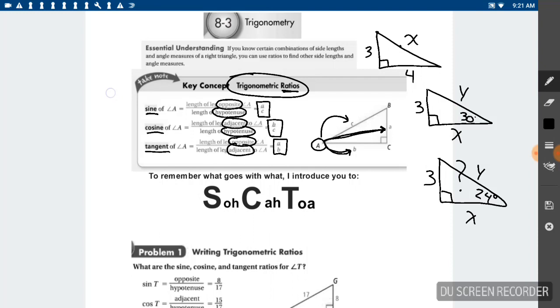All right? So to memorize what we just talked about, I introduce you to something that'll stick with you the rest of your mathematical lives. And it's SohCahToa, right there. SohCahToa. Now, what is that acronym all about? Well, as you can see, the S is capitalized. That refers to the sine of the angle.